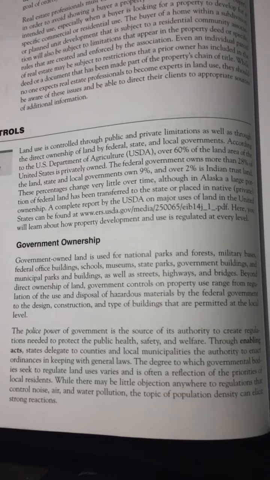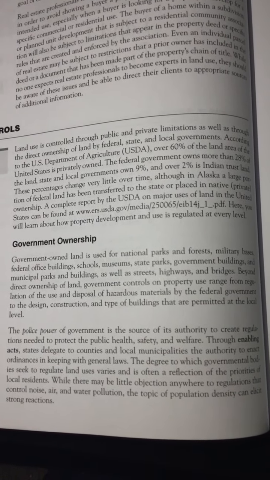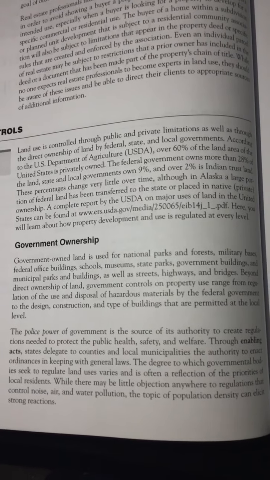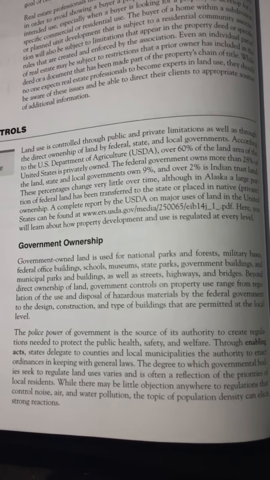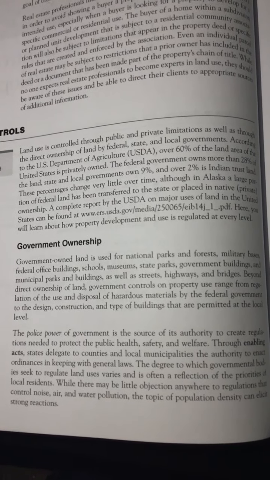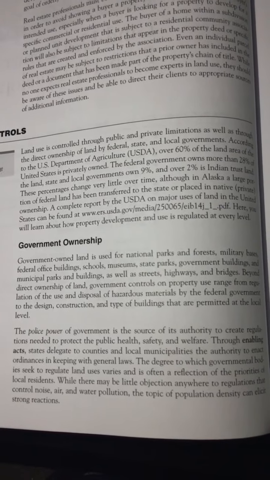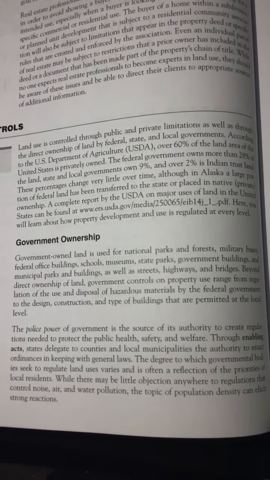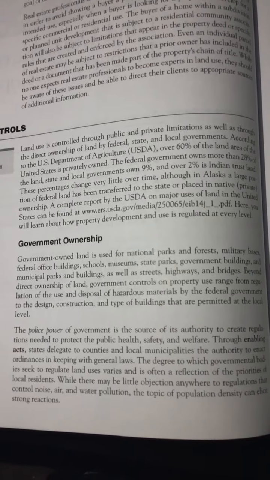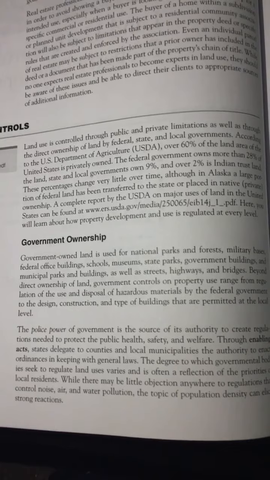The police power of government is the source of its authority to create regulations needed to protect the public health, safety, and welfare. Through enabling acts, states delegate to counties and local municipalities the authority to enact ordinances in keeping with general laws.